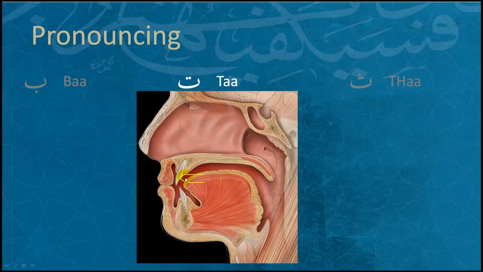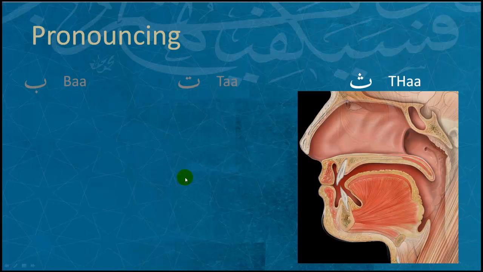So compare the two and follow along with me. T versus Ta. T, Ta. T, Ta. Now the next letter is Tha. Tha is not that difficult, again, because we have that sound in English.